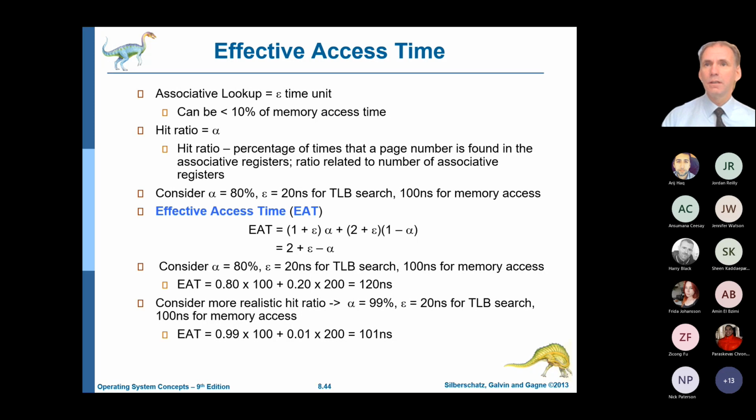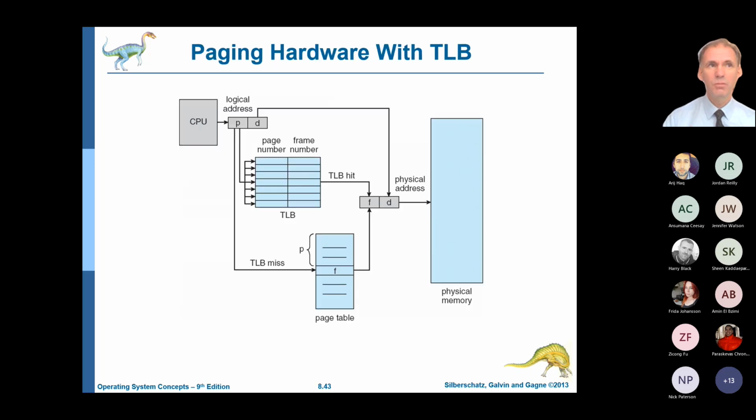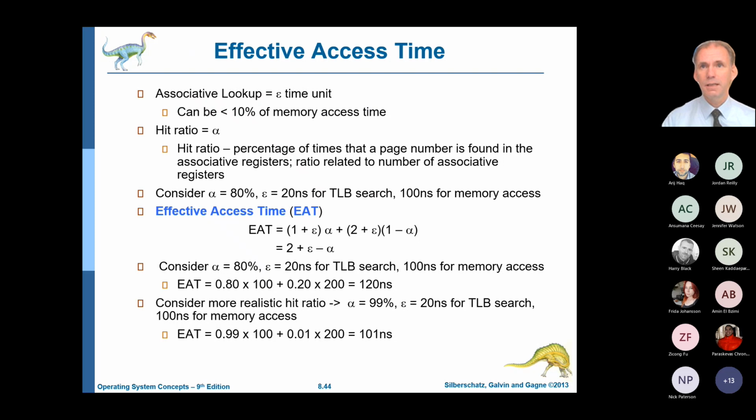If we have that, then we can start working out access times, effective access times, because it's always going to be longer than just going straight to memory, because we're going to have to look up something, whether it's really fast TLB or not quite so fast main memory. So we're going to have an effective access time, which is longer than access time.